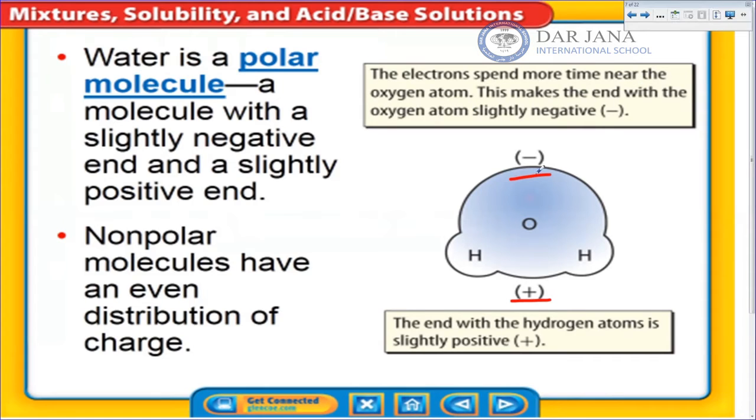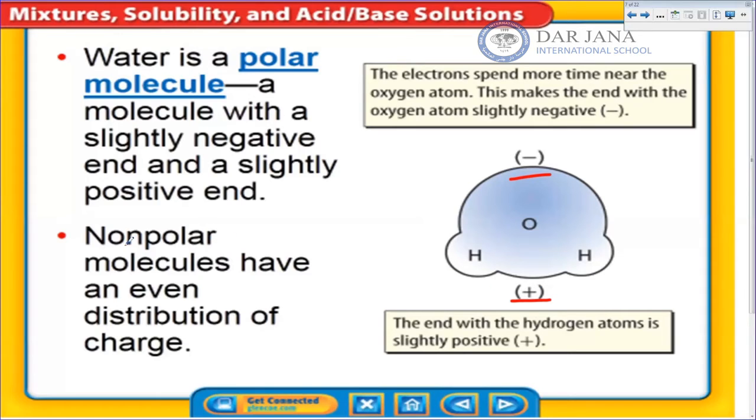This makes the end with the oxygen atom slightly negative, while the end with the hydrogen atoms, as you can see, is slightly positive. So you should know here that water is a polar molecule with two ends. One is negative, which is near the oxygen, and the other, beside hydrogen, is a positive end.